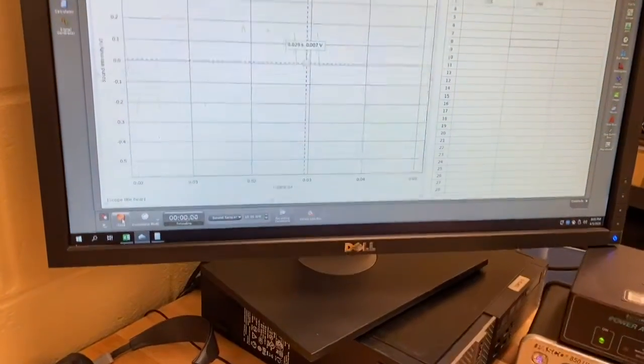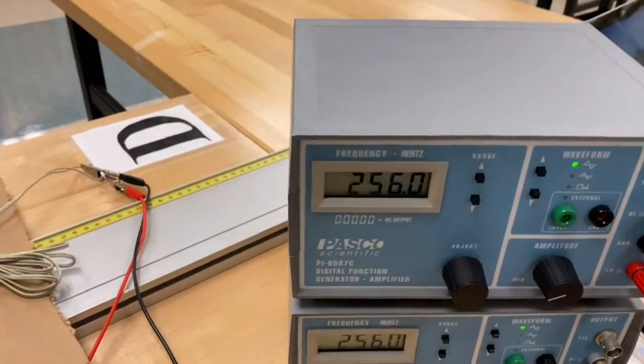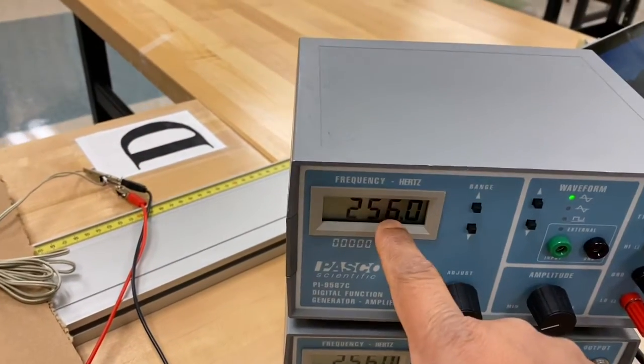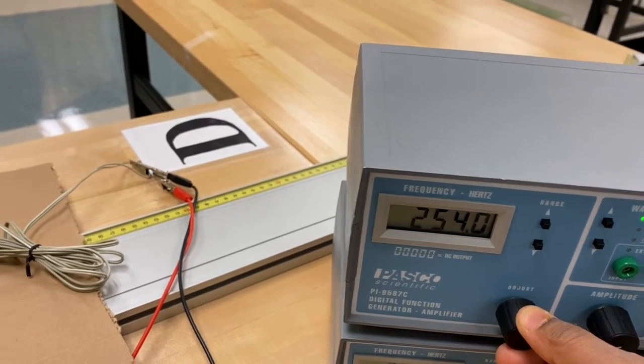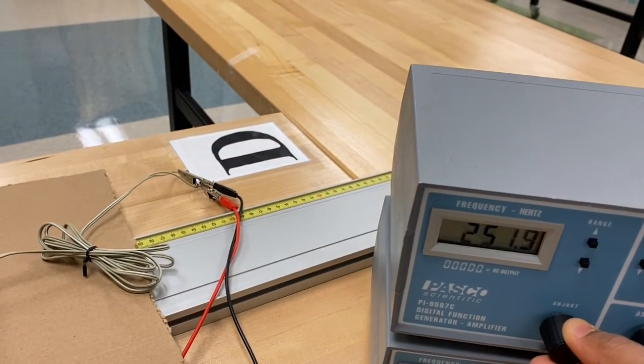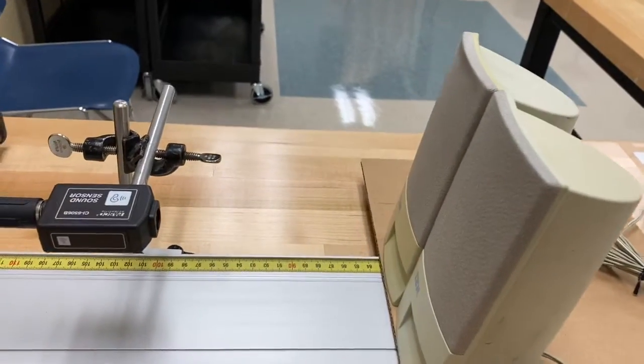Okay, now I'm going to connect both speakers, and this is the resultant wave, and I'm going to decrease the frequency of the G2 generator to 250. Now you can hear the beats.